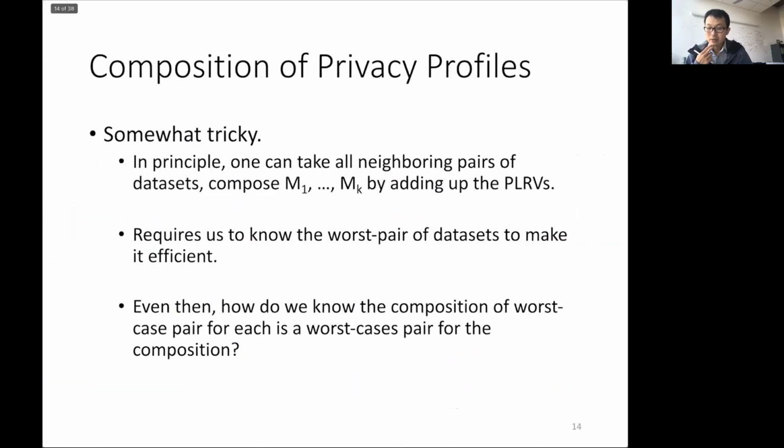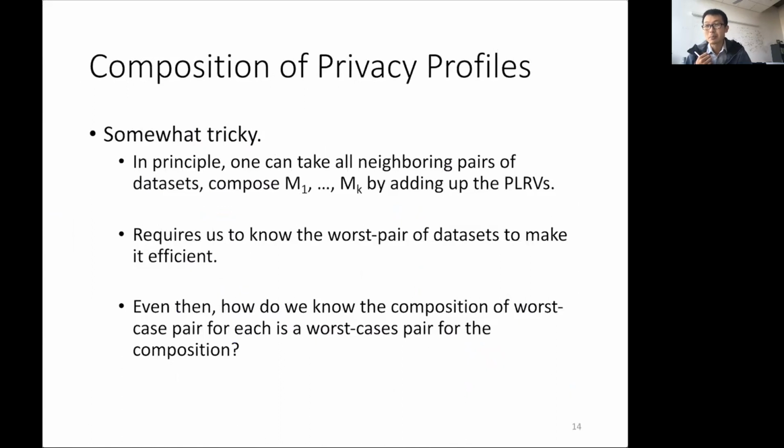All right, the composition of the privacy profiles is also somewhat tricky. So in principle, one can enumerate over all neighboring pairs of data sets and then compose this sequence of mechanisms by working out the privacy loss random variables for each one of them and working out a tail bound for each neighboring pair.